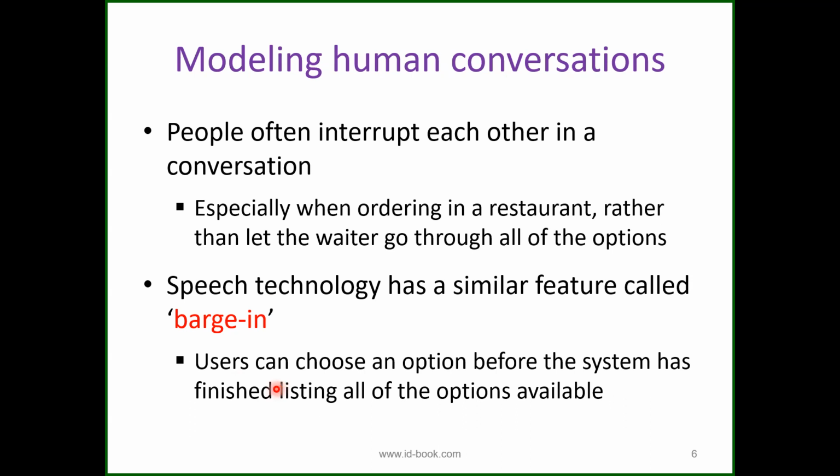So are you understanding? Before the system finishes listing its available options, you are barging in, hopping into the middle of the listing or the conversation and asking something else. So the technology is designed nowadays to handle such types of interruptions.